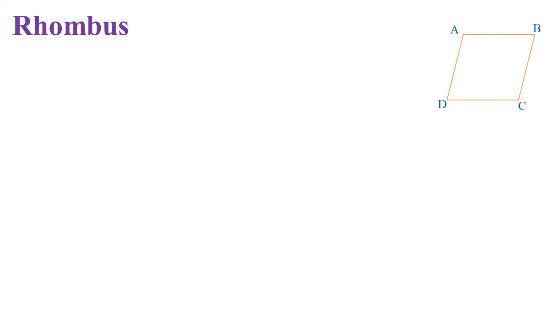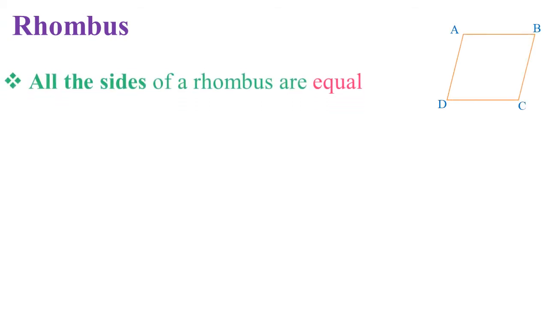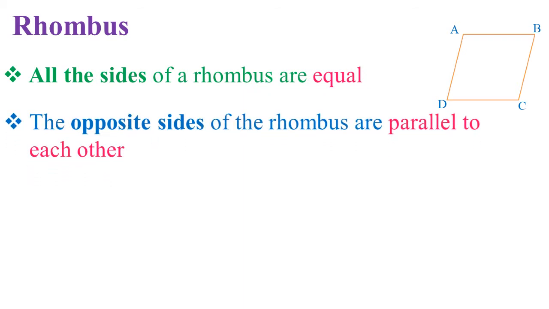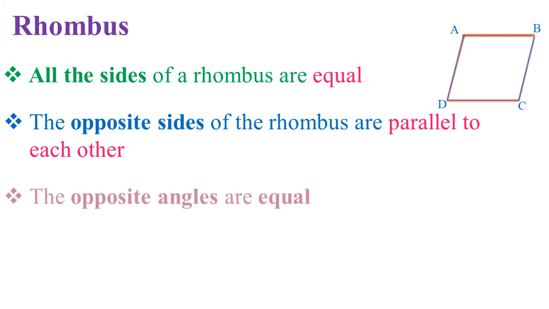It is rhombus. Look at this rhombus ABCD. All the sides of a rhombus are equal. The opposite sides of a rhombus are parallel to each other. That is, AD is parallel to side BC, then AB is parallel to side DC.